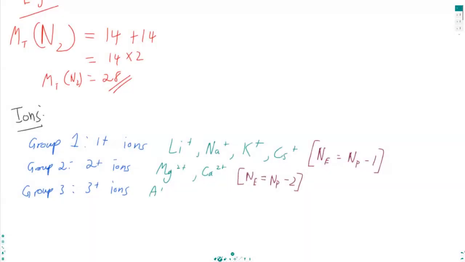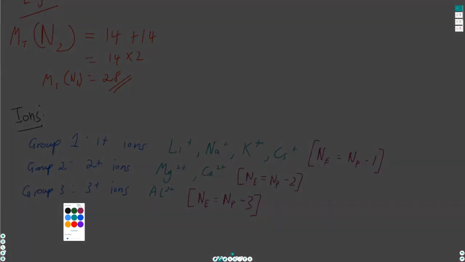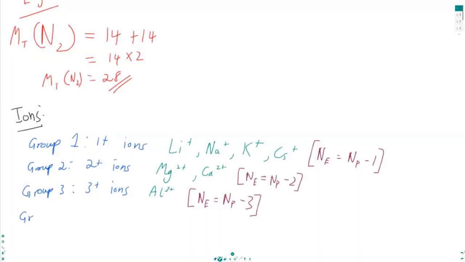So aluminium is a group 3 ion, and in this case the number of electrons is equal to the number of protons minus 3. So you can see a pattern here. You would expect group 4 to have 4 plus ions and group 5 to have 5 plus ions, so that's the pattern you would expect.